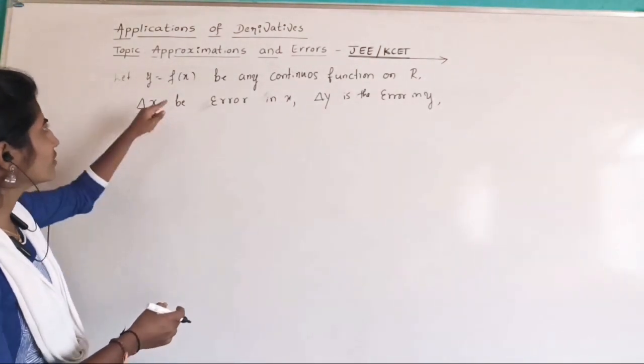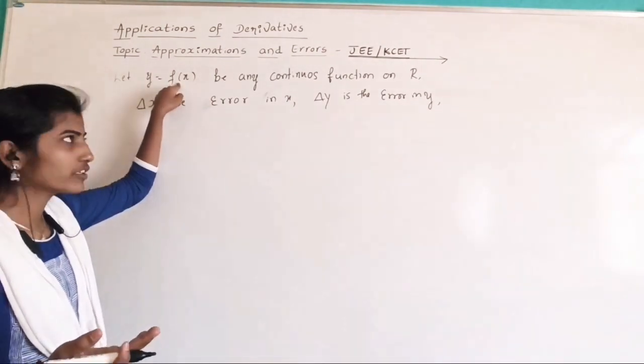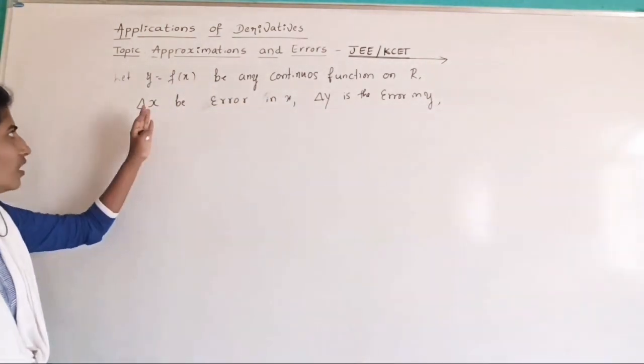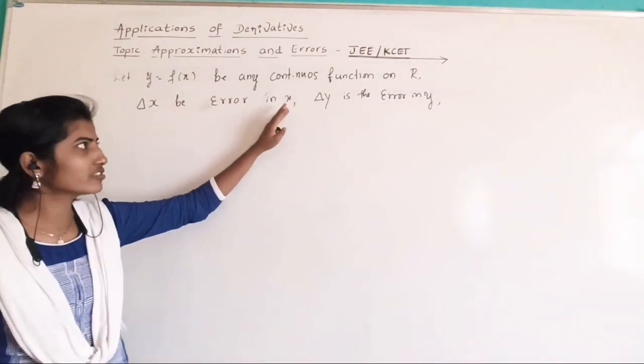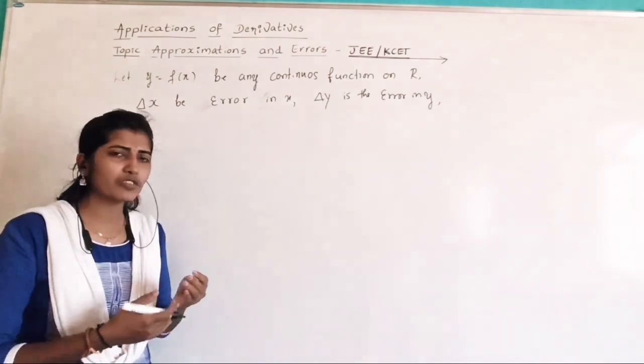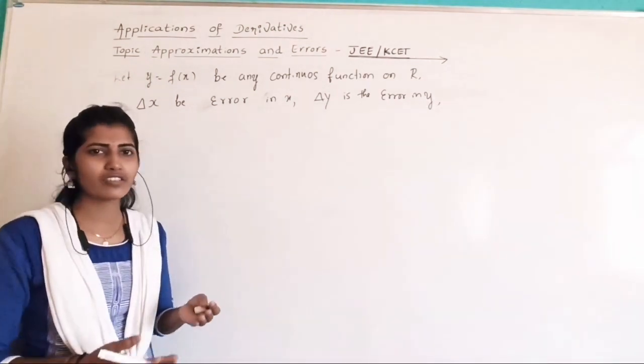So what we have taken, you know that y is equal to f of x be any continuous function in the real number set R, and delta x be the error in x, and delta y be the error in y. Error in the sense here it may be increasing or decreasing, that is the error.